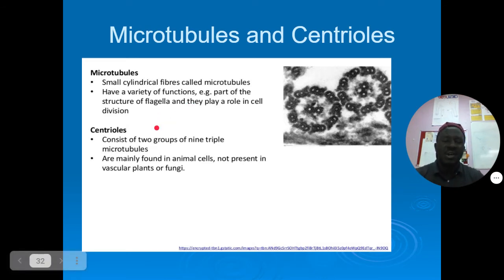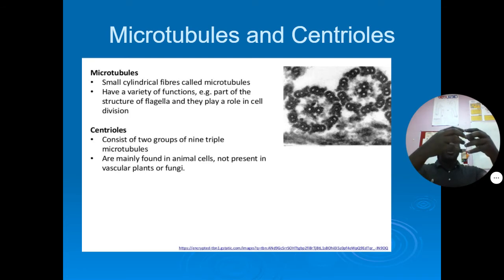You remember when a cell is dividing, we have centrioles, which move to opposite poles, and they start producing the microtubules or the spindle fibers. Spindle fibers are responsible for separating the sister chromatids or homologous chromosomes apart, pulling them from the kinetochore. Spindle fibers are produced by the centrioles.